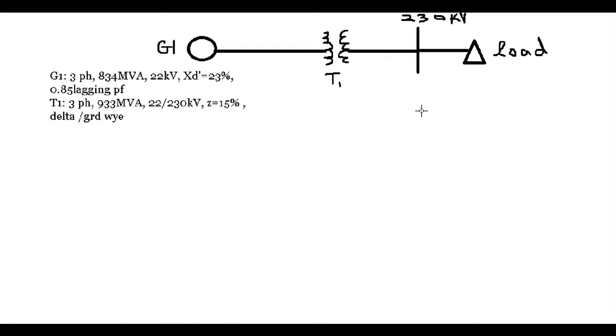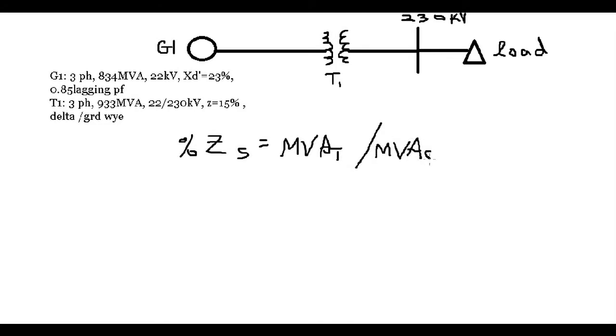So there are two equations that I kept in mind when solving this problem. I'll go ahead and write them. Percent Z source is equal to the MVA of the transformer divided by MVA short circuit, aka the fault duty, what we're trying to calculate in this problem, times 100.